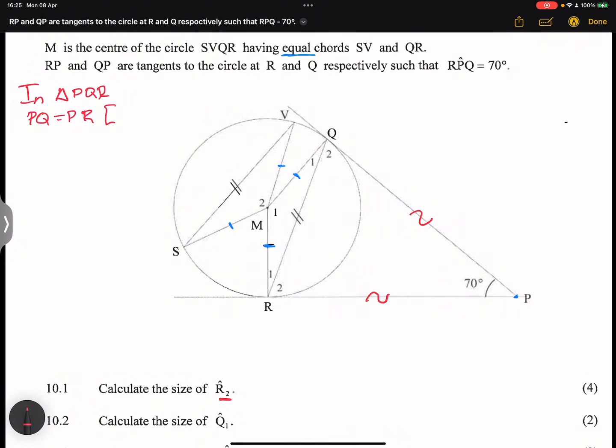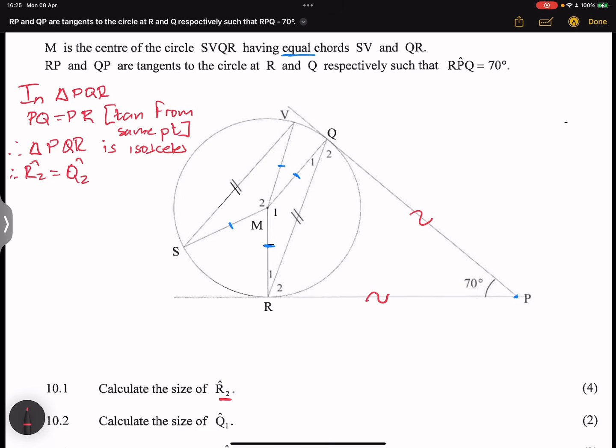So these are tangents from the same point. All right. And because they are equal, therefore triangle PQR is isosceles, isn't it? So that's an isosceles triangle. So therefore it means that R2 is equal to Q2.